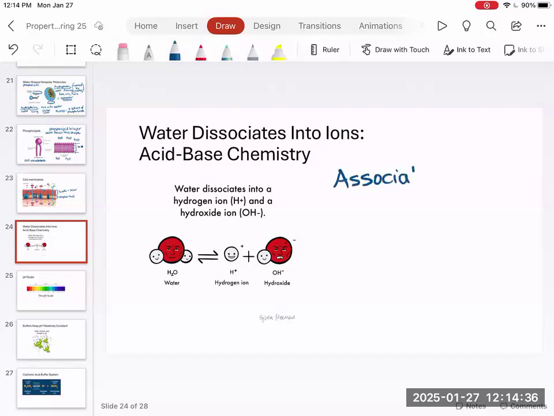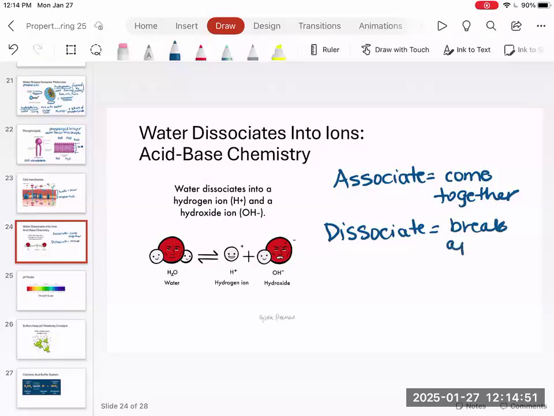Associate means come together. Dissociate is break apart or move apart. So in other words, water breaks apart into ions.